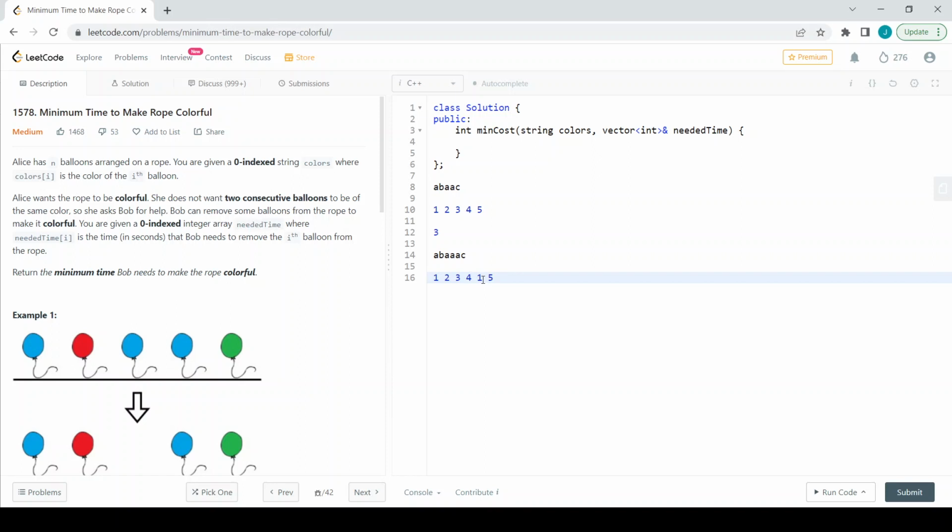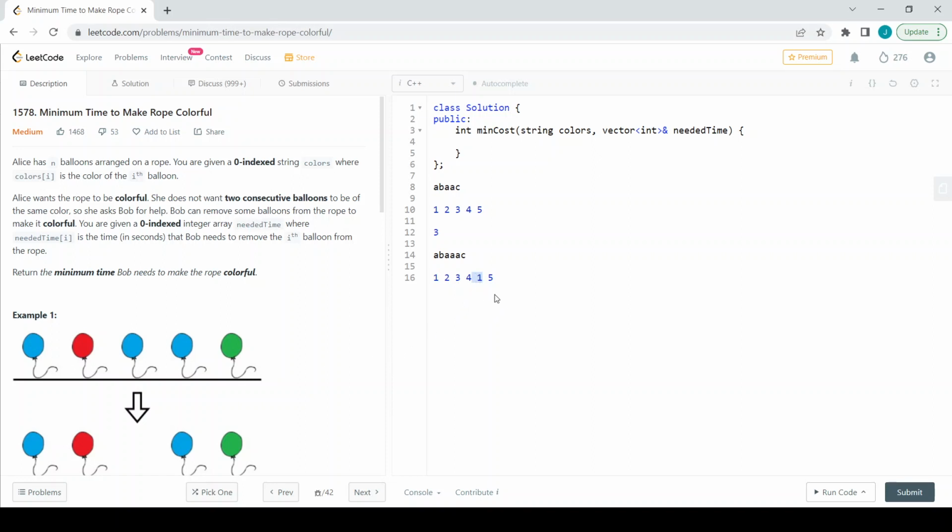But I have to make sure which balloons to remove. We have to remove the balloons with the minimum time. As you can see, with 3, 4, 1, the minimum times are 3 and 1, so we are removing the third balloon with needed time 3 and the fifth balloon with needed time 1. That way we will have the minimum time as our answer.